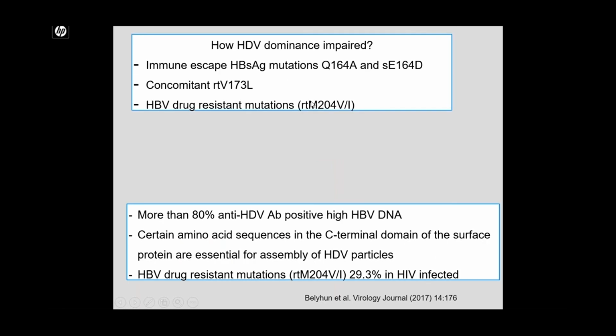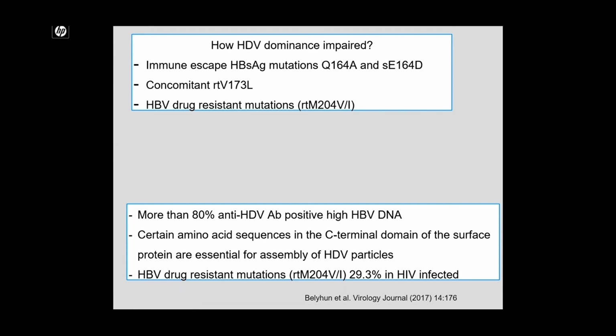The next slide shows how hepatitis D virus dominance is probably impaired in these HIV infected individuals. Different variants of mutations have been identified, concomitant mutations in the hepatitis B virus genome, or drug resistant mutations, which are the YMDD mutations. We have seen that more than 80% of the hepatitis D antibody positive had high viral DNA.